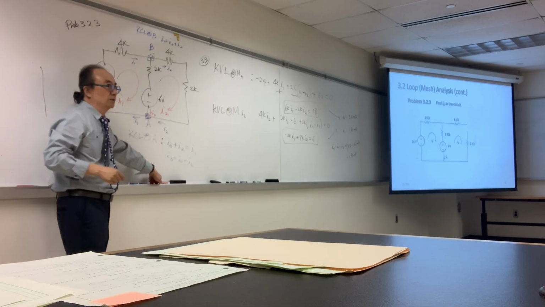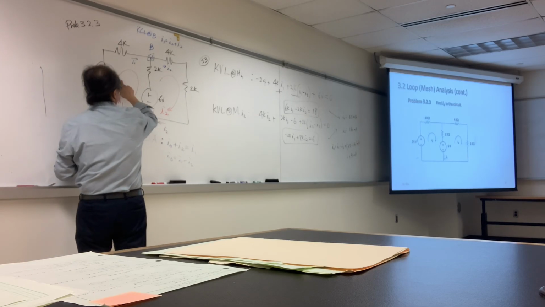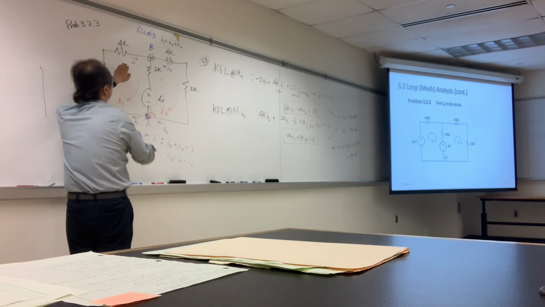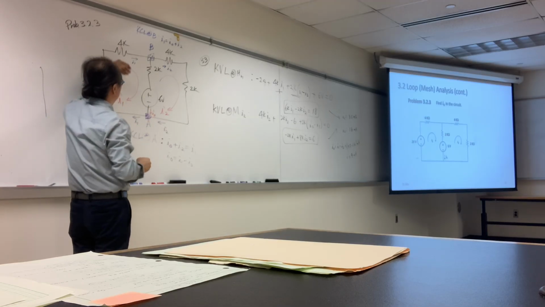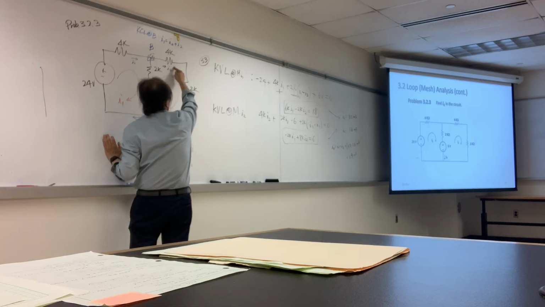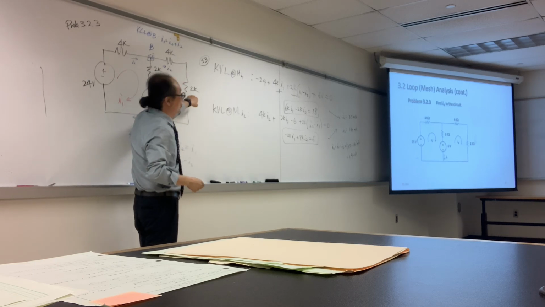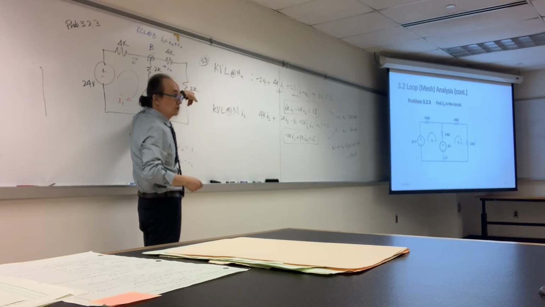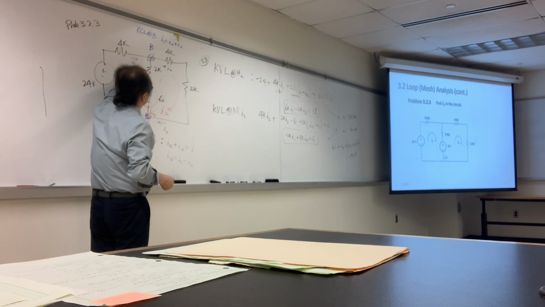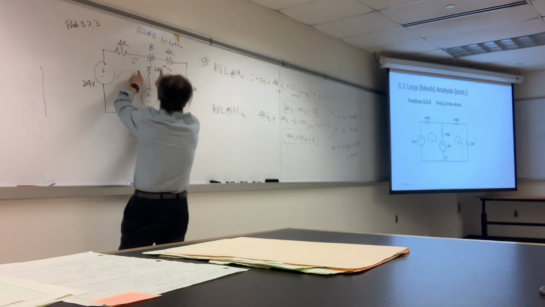Yeah. First of all, the mesh current I sub 1 is the current going through 4K for sure, because nothing else. It's like a pipe again, so water goes through here. That's I sub 1. For the other 4K, obviously there's only one current going through, I sub 2. For 2K, only one current goes through, I sub 2. However, for this inside one, one current goes downward and one current is going upward.